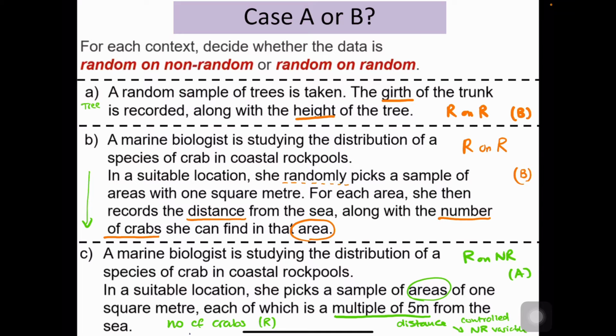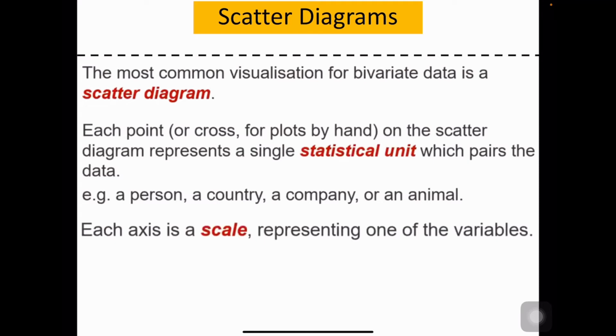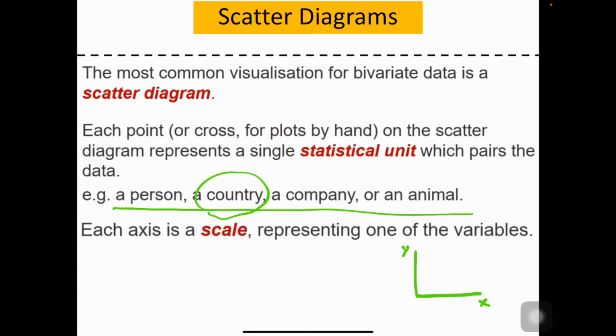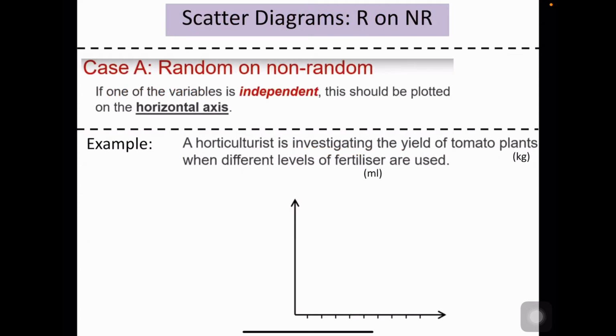For the second example and third example, our statistical unit was the area, which each distance and number of crabs were linked to. So here we have some other examples as well. Of course, we saw countries from our first example. Each axis is a scale representing one of the variables. So on our scatter diagram, one of the variables goes on the x-axis, the other one goes on the y-axis. So now let's look at an example.